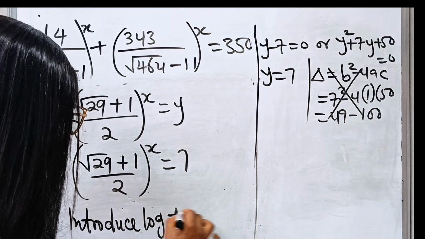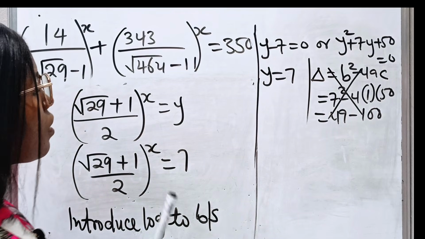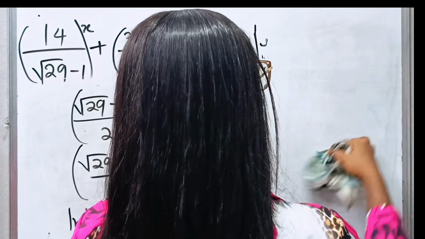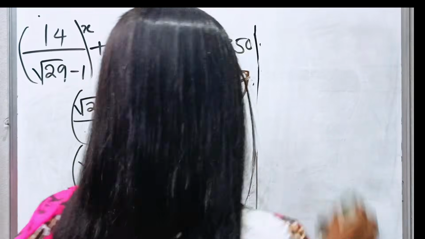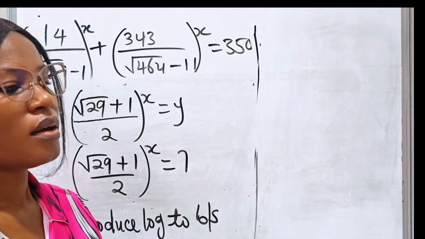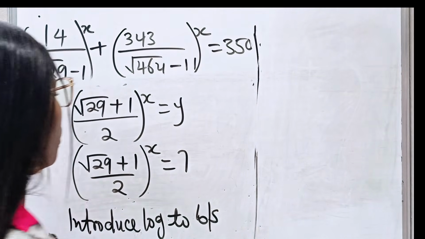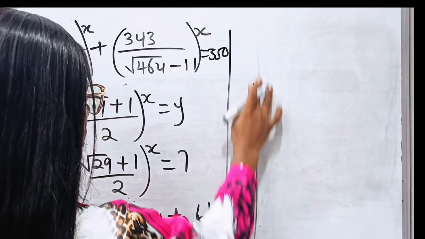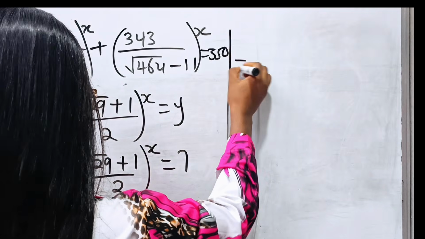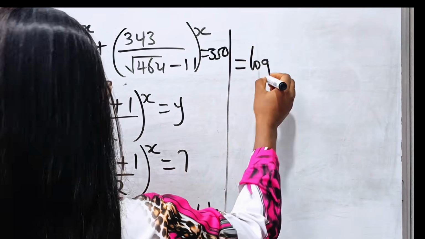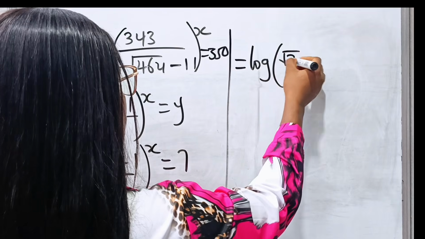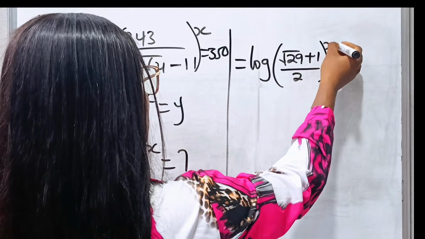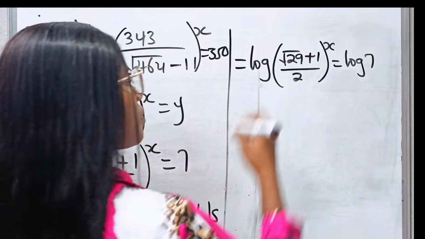Introduce log to both sides. If we do that, we are going to have log of square root of 29 plus 1 divided by 2 raised to the power of x is equal to log 7.